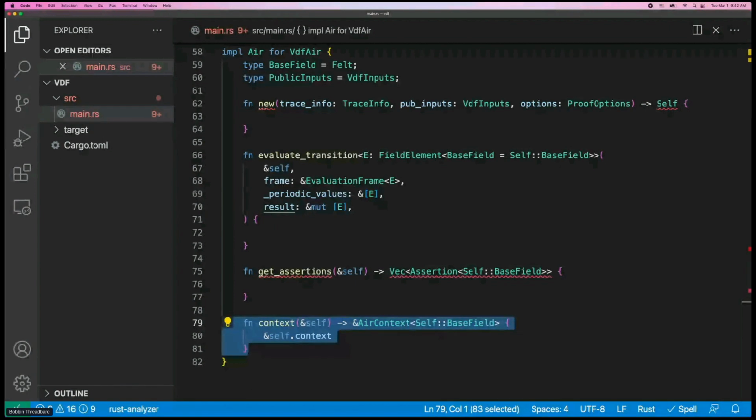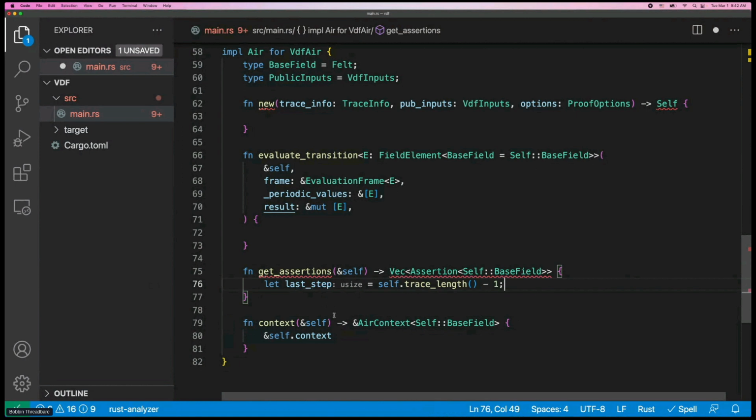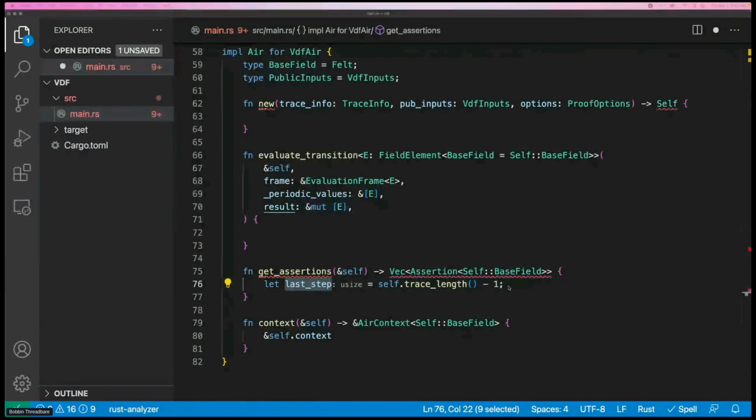First we want to figure out what the last step is. We have trace length, and we just do minus 1 to get the last step. And then we return a vector that will contain the two assertions that we want to impose.